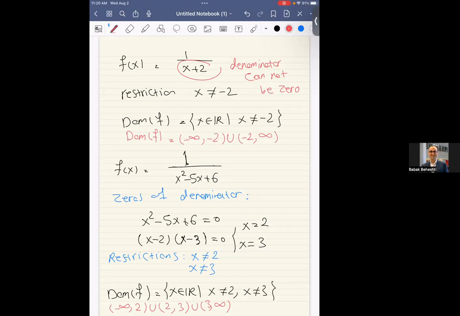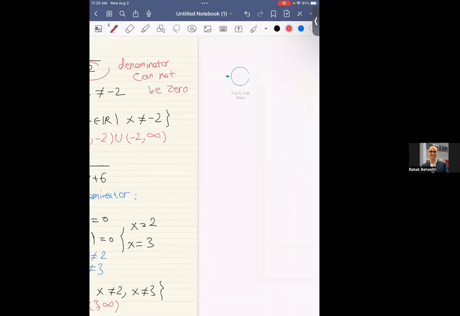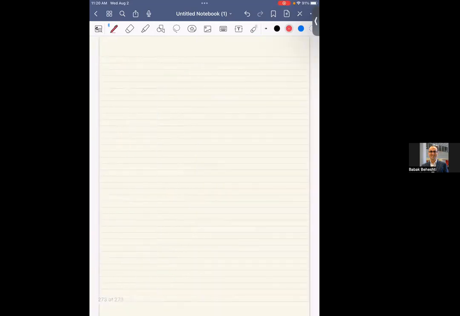Okay. So for denominators, remember, there is a restriction, and the restriction is that the denominator cannot be 0. That's the only restriction we have. Now, what if you have a square root? That's another type of restriction for functions.